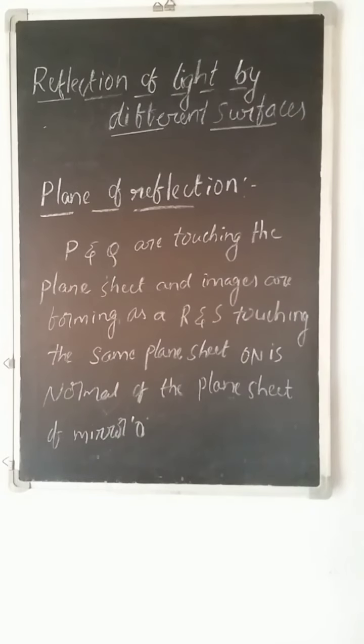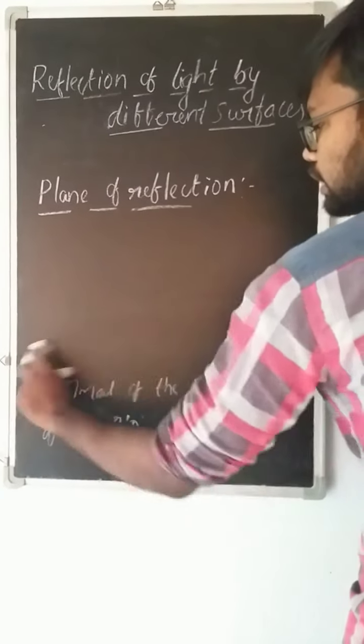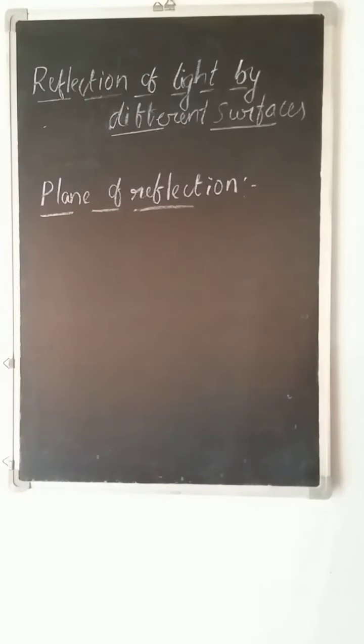Now, if we get the reflected rays, if we assume the pins of the PQRS are the images which is touching at P dash as well as Q dash.